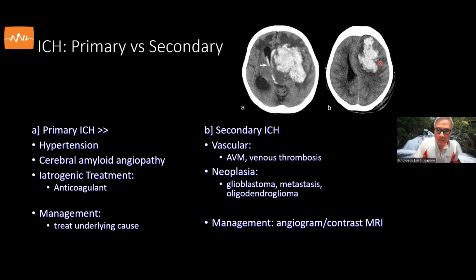So in a patient with a peripheral hemorrhage, we need to suspect AVM or tumor. And the management of these patients is to search for the abnormality using angiographic methods or contrast-enhanced MRI to detect the tumor that is causing the hemorrhage.